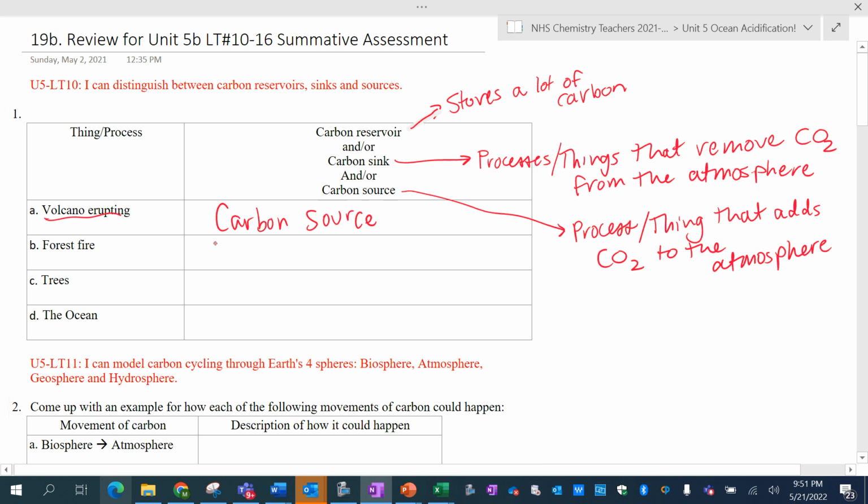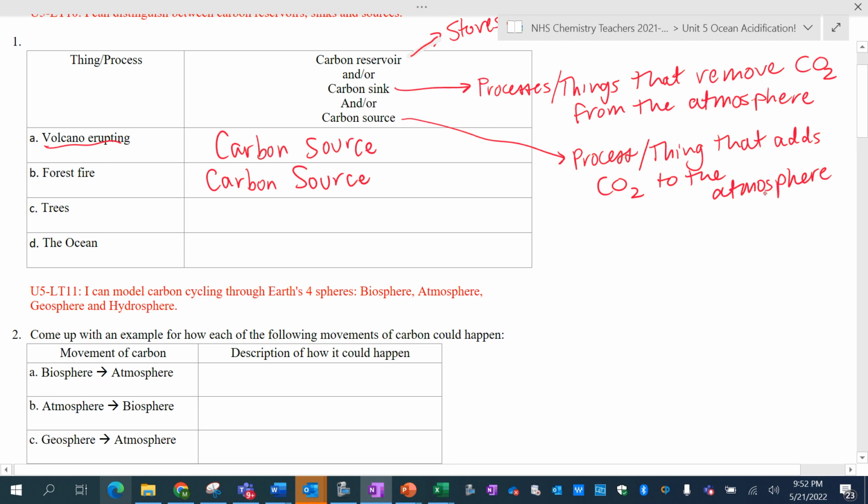That is also a carbon source because the trees in the biosphere burning up turn into carbon dioxide in the atmosphere. Trees as a whole are carbon reservoirs, and because they are undergoing photosynthesis, they're also a carbon sink. They're taking carbon dioxide from the atmosphere more than they're putting it back into the atmosphere.